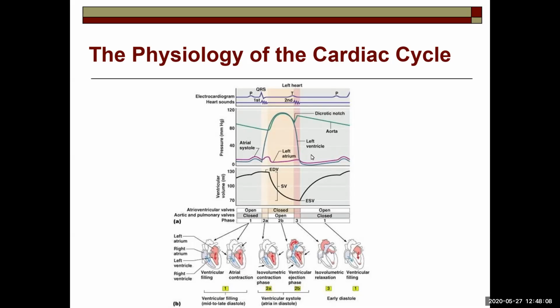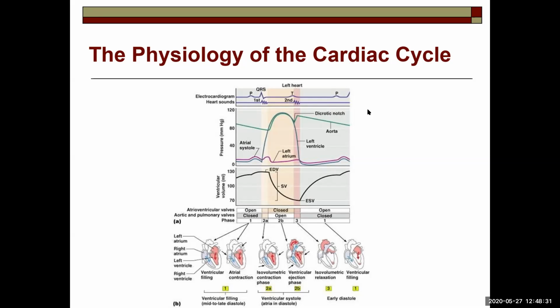So these are just curves showing systolic and diastolic. When I see that little bump over here, I know it's systolic going up in this case. Diastolic would be right down here where it is not pumping. So these are the heart sounds, where you hear the first sound and the second sound.